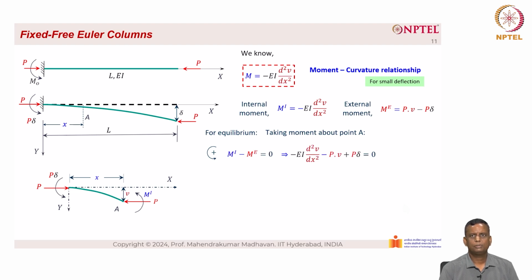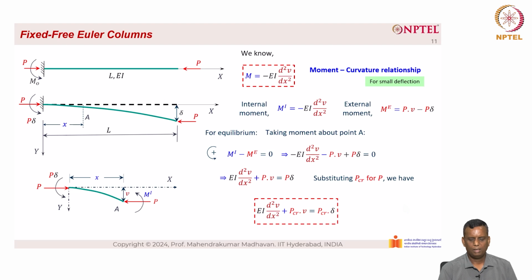So we substitute the same from the top equations. We have minus EI into d square v by dx square minus P into v plus P delta is equal to 0. When we further simplify, we get EI into d square v by dx square plus P into v equal to P delta. Substituting P critical for P, we have EI into d square v by dx square plus P critical v is equal to P critical into delta.